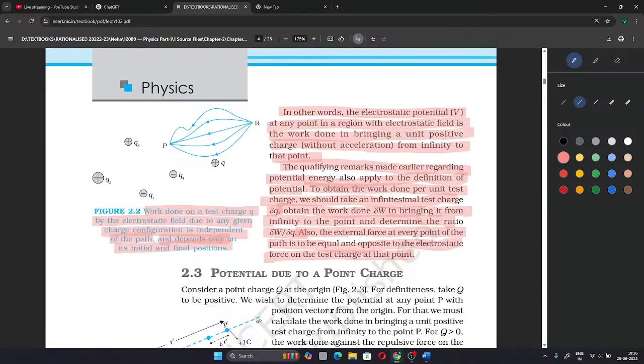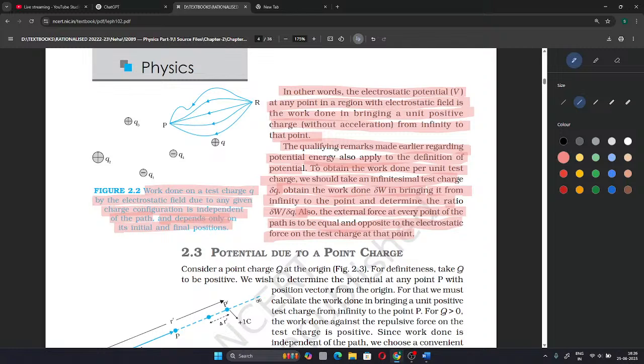In other words, the electrostatic potential at any point in any region with an electrostatic field is the work done in bringing a unit positive charge without acceleration from infinity to that point. Without acceleration because net force is 0, so it will be brought without acceleration and with very small speed.